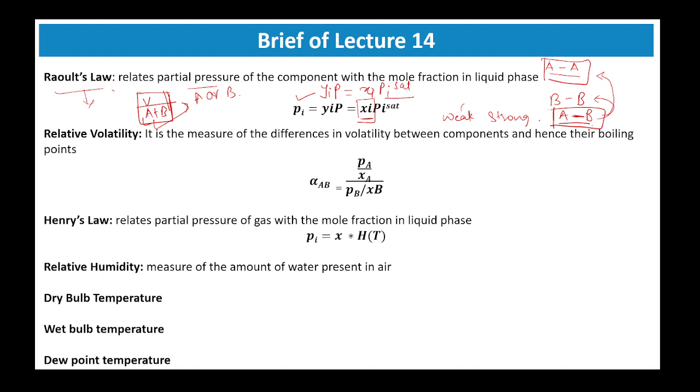Here there is one assumption. As I mentioned, the bond between A and B can be weaker or stronger compared to the pure liquids. Here we assume that the bond between A and B is similar to the bonds present between pure A molecules and pure B molecules. In that case, the liquid or mixture is said to be ideal in nature.